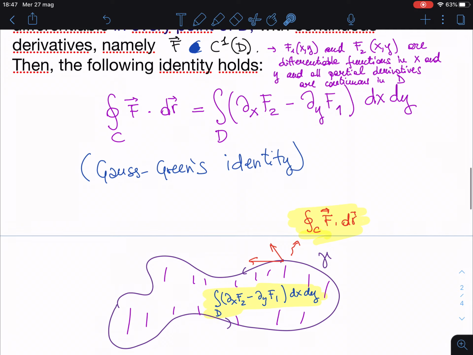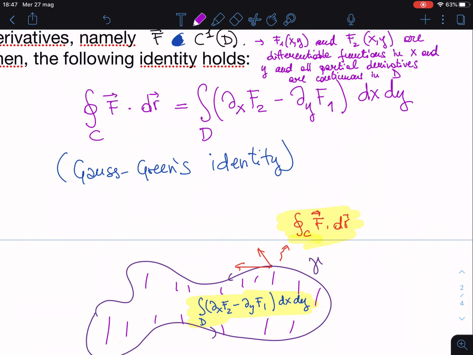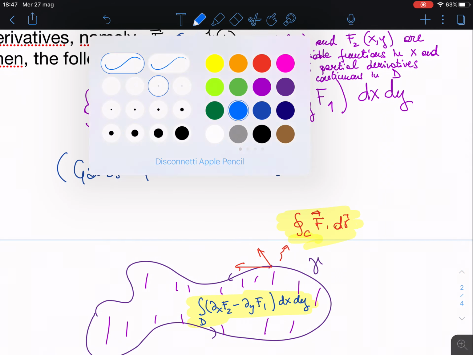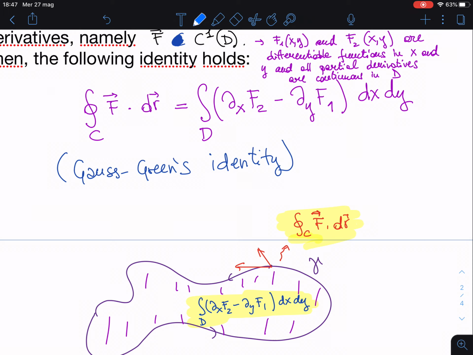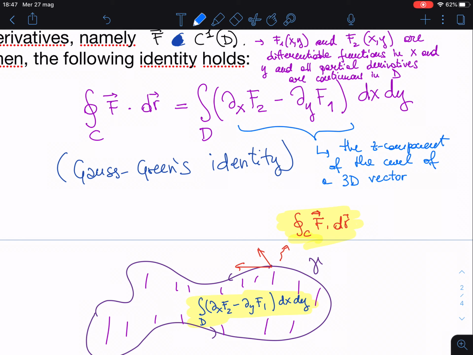But if you remember when we introduced the curl, this is nothing but the z component of the curl of a three-dimensional vector field.